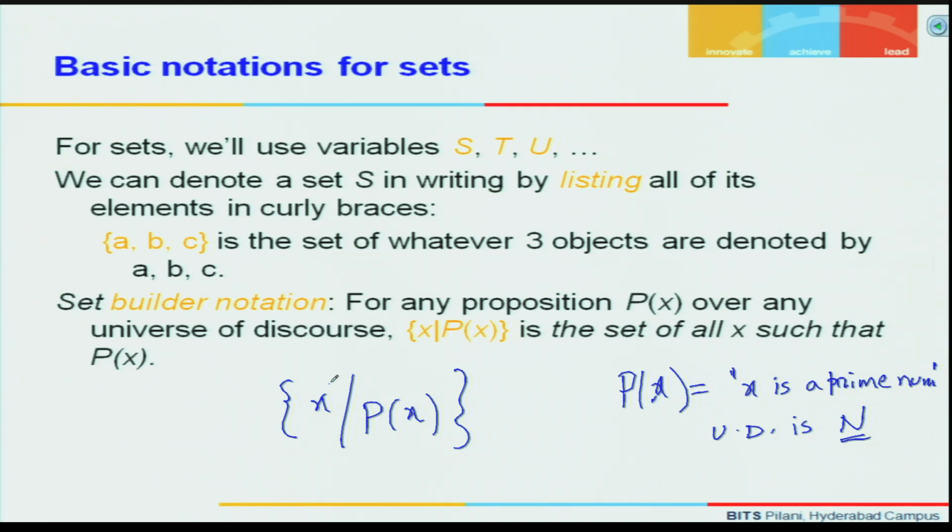So what do I get? The set of all prime numbers: 2, 3, 5, 7, and so on. This is equivalently the set of all x such that P(x), where P(x) is the predicate "x is a prime number". This is another way of defining a set.